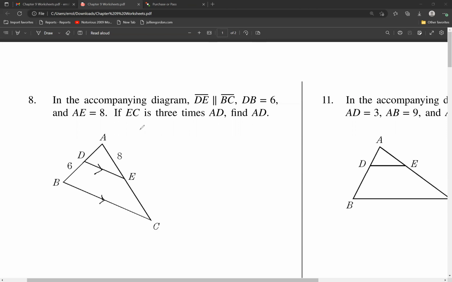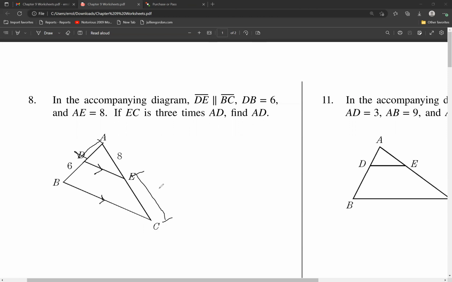If EC, where's EC? EC is this right here. EC is 3 times AD, which is 3 times this. So basically, what can we write right here? What variable can we write there, that length versus this length?